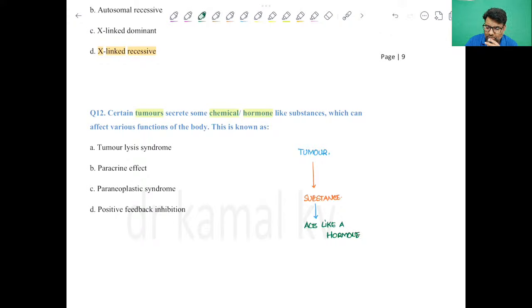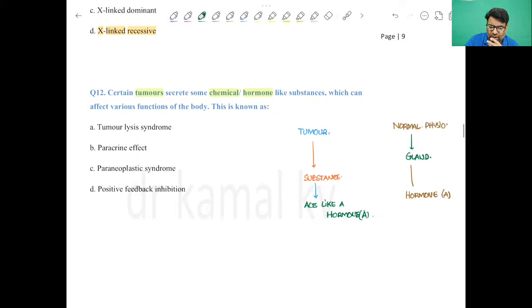So now another thing. Now this is related to tumor. Now let us discuss normal physiology also. There is a gland and this gland is secreting a hormone, say hormone A. And here the tumor substance also acts like hormone A. So what will now happen?